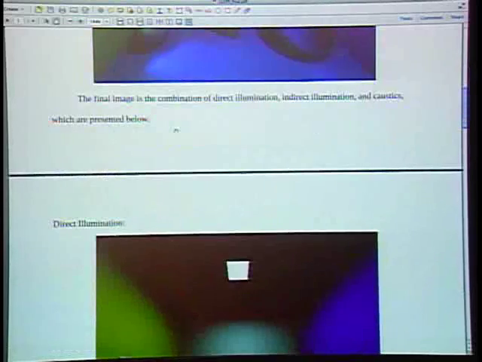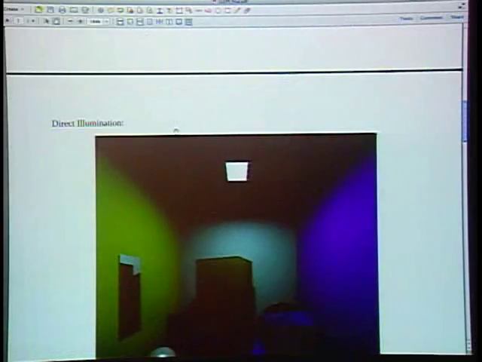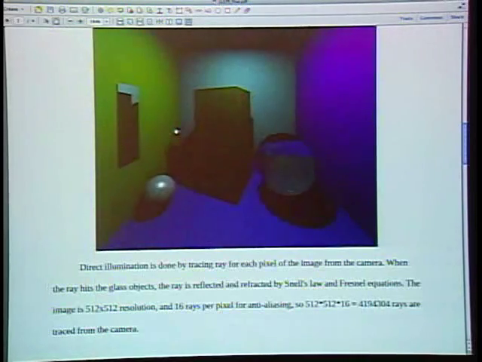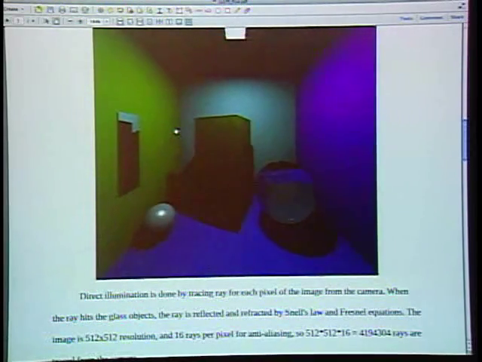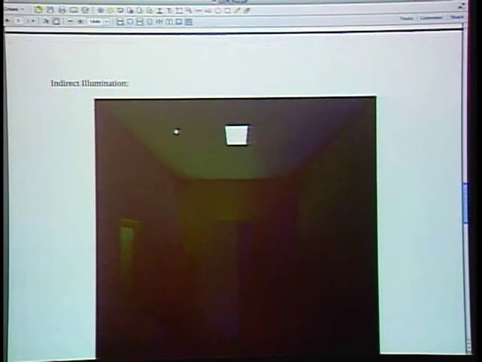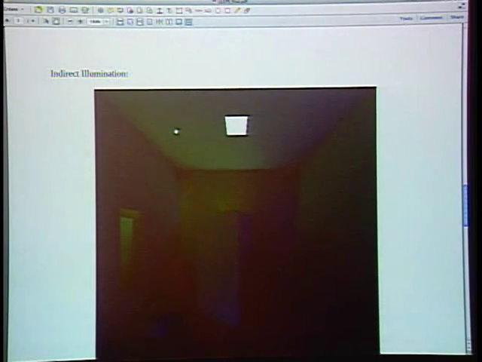So that's a result of the direct illumination. And that's just done by standard ray tracing. And then that's the indirect illumination. All the color bleeding comes from this map.